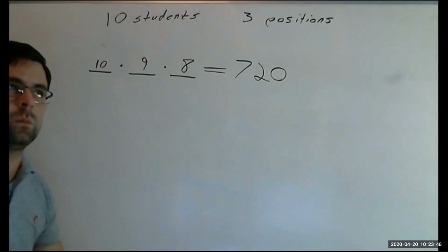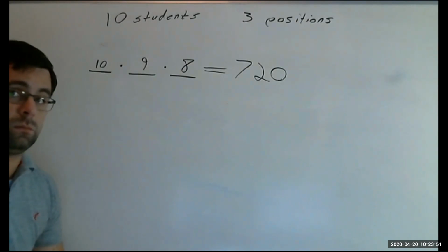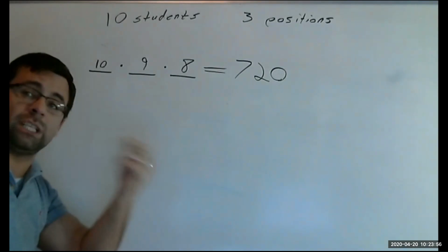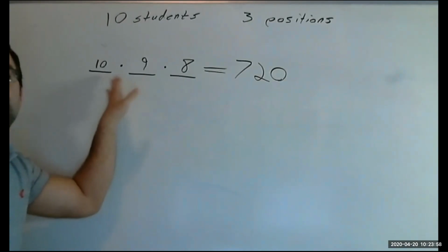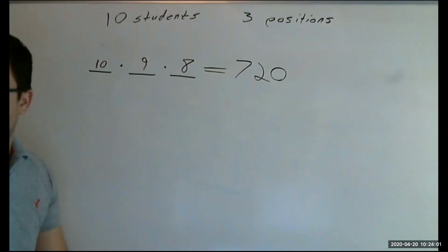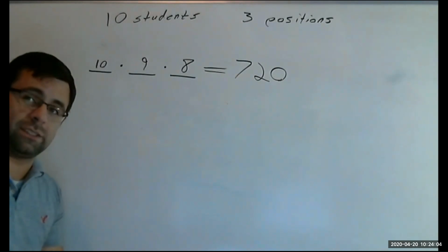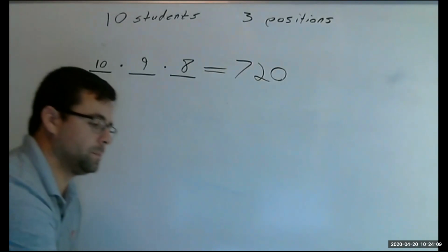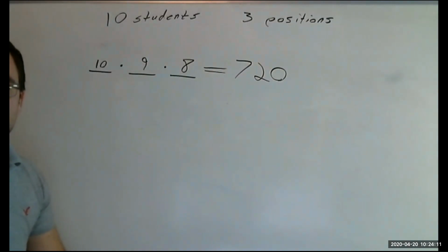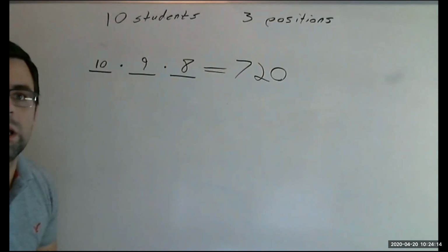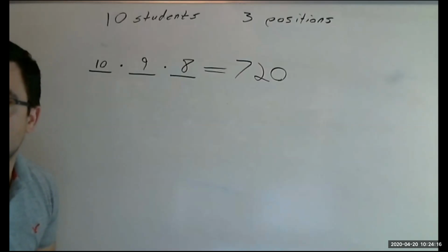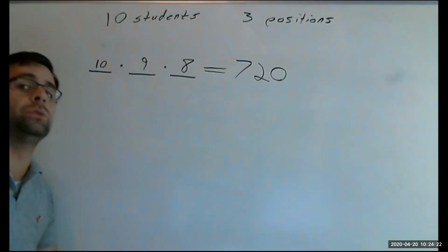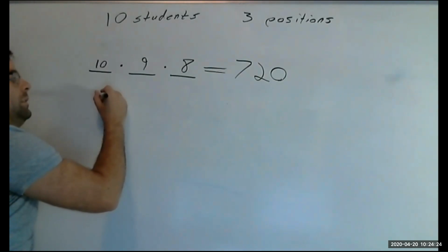This is the same kind of idea. It's starting with some number of numbers, but because you can't reuse anything, it's 10 times 9 times 8. Now, there is actually a way to write this in factorials, and it's pretty helpful. It even has a name: n choose k.